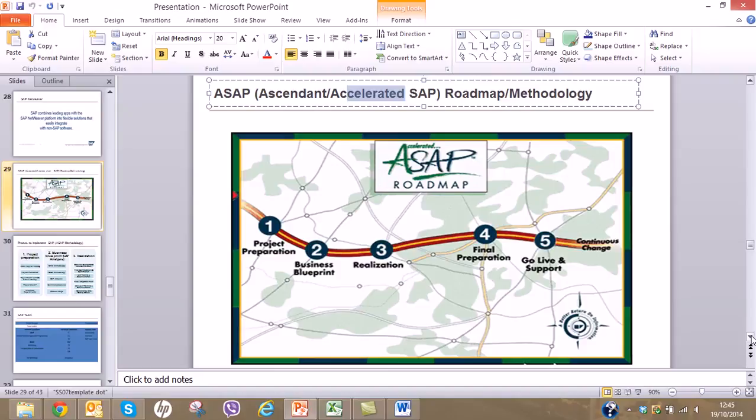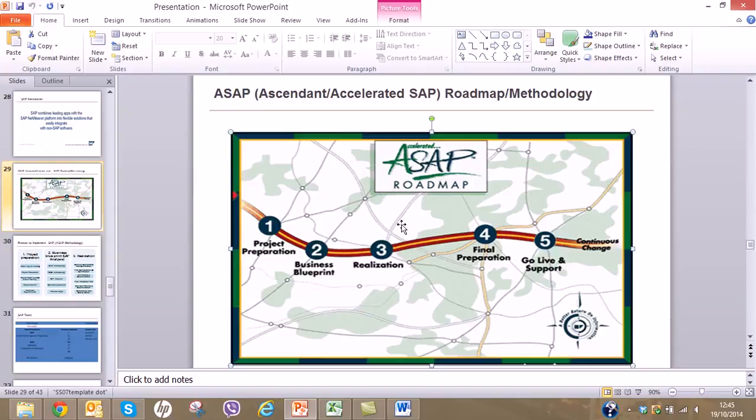If the company is not formal, they will tell you to do whatever you want. But 99% chances are the companies will be very formal, and they will be using this methodology to implement SAP. This methodology is not only used to implement SAP but other ERP software as well.